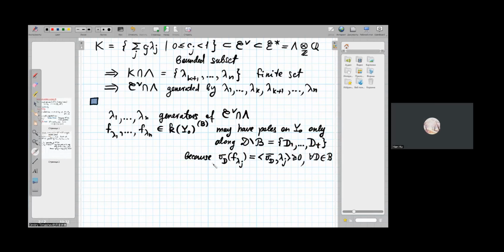Okay, and now let's take a divisor on Y naught, which is the sum of D1, Dt with sufficiently big coefficients.